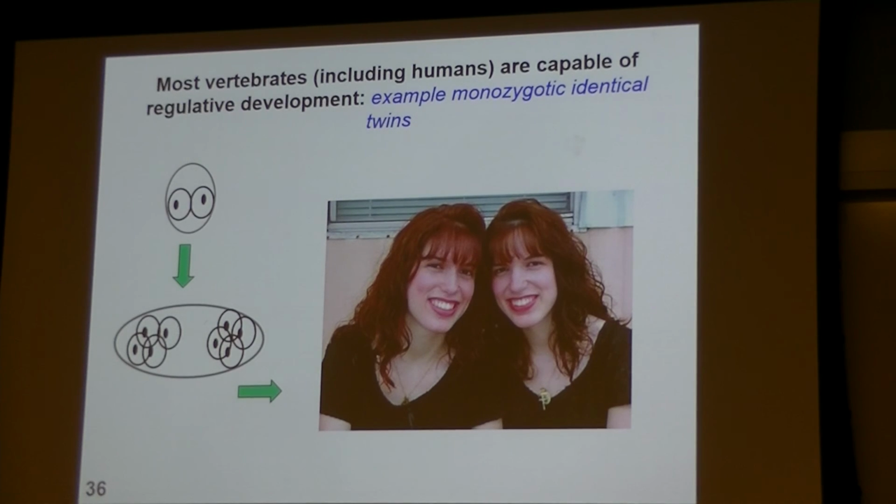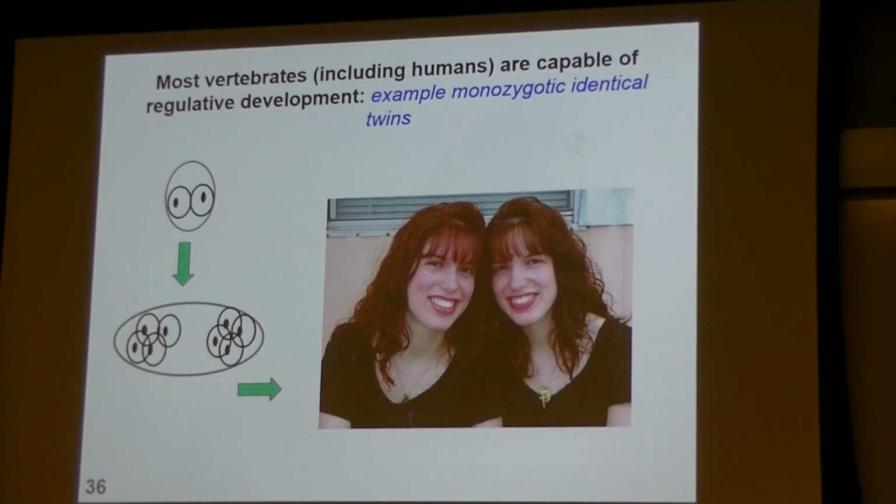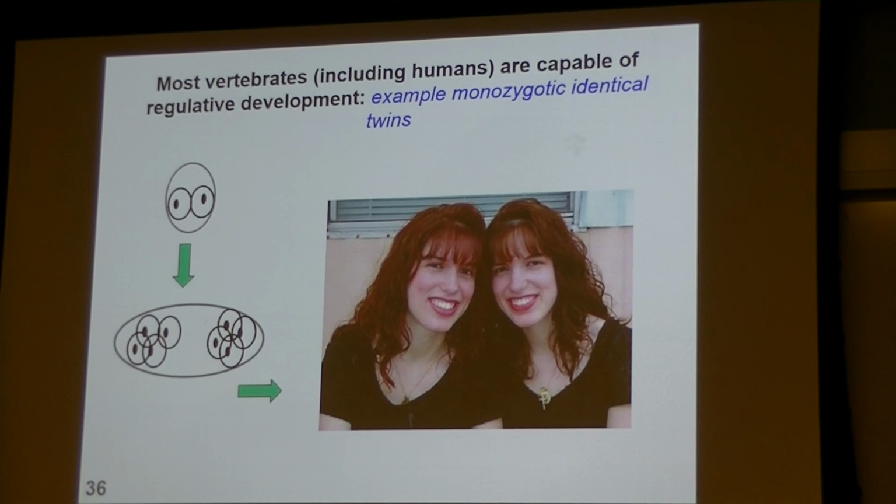And then the final slide here with humans. Monozygotic identical twins. This is a situation that can happen when you get one sperm fertilizing one egg within the mother. That zygote then divides, and somewhere during the early cleavage period, this has to be pretty early, this thing separates into two different bundles of cells.